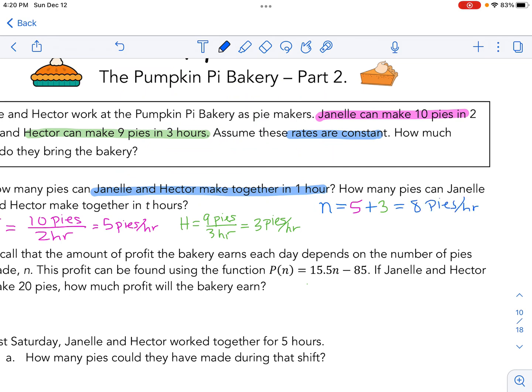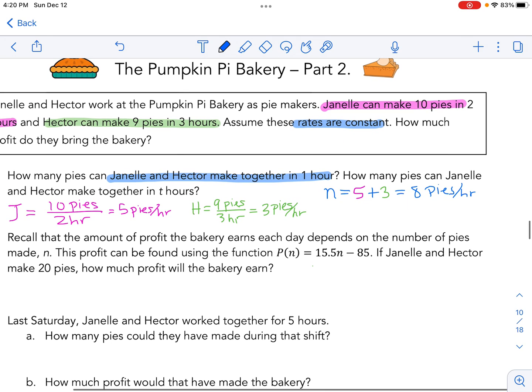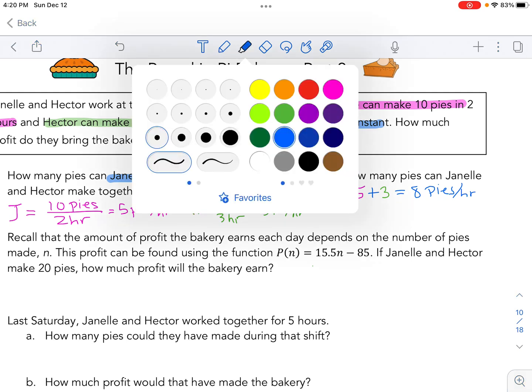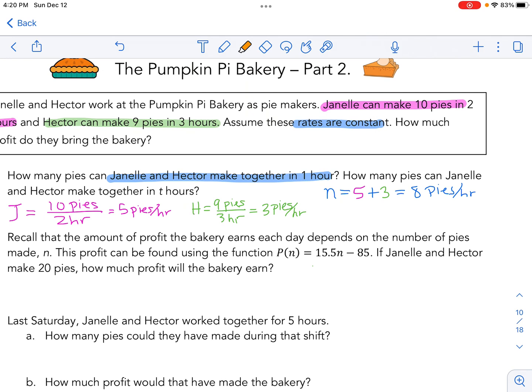And so we are talking about 8 pies per hour that they can make together. And so we can use that rate then to get a generic expression, or a general function, so to speak, of how many pies they can make total.